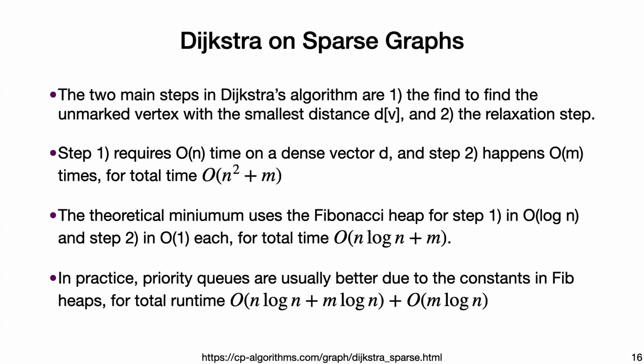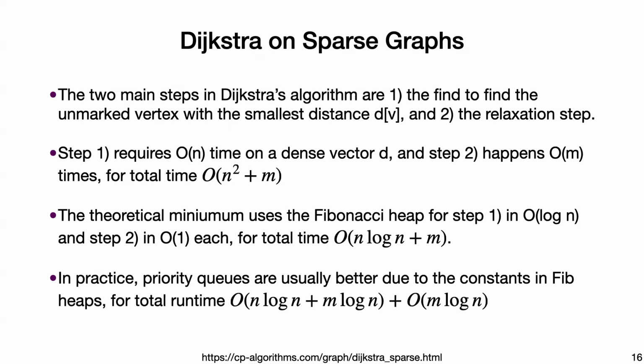Theoretically, the Fibonacci heap will give you step 1 in log n time, and step 2, the relaxation step, in order 1 time, for n log n plus m. But the problem is that Fibonacci heaps are notoriously hard to implement, and the constants are quite high.